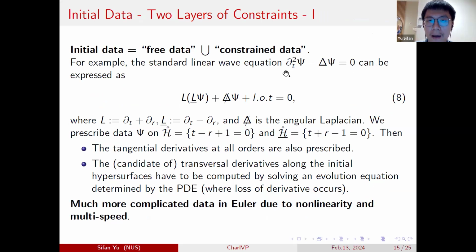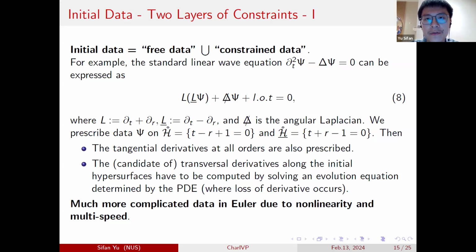So let's consider this standard linear wave equation. If you write it in geometric coordinates, it is written as equation 8: L L bar psi plus the angular Laplacian of psi plus lower order terms. Because it's a linear wave equation, L is just dt plus dr, and L bar is dt minus dr.